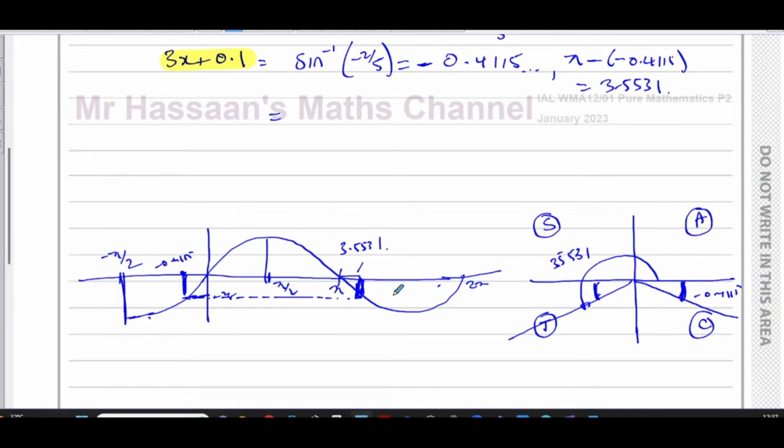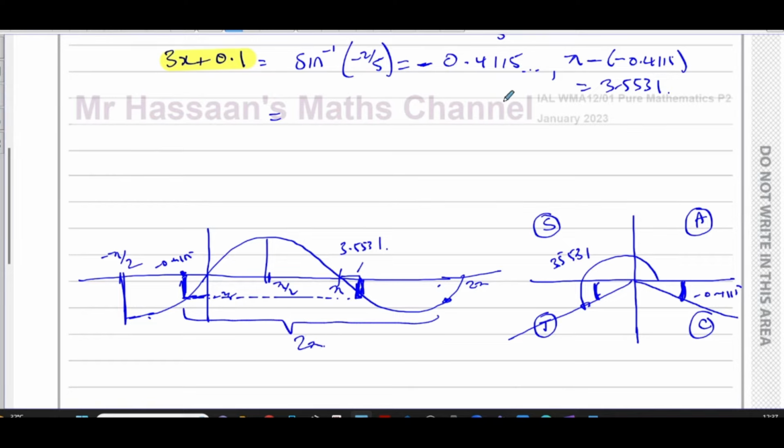Now the rest of the answers we're going to find are found by just realizing that these angles repeat. The next time the curve is going to be going upwards like this is going to be over here, and that is 360 degrees or 2 pi in terms of radians.